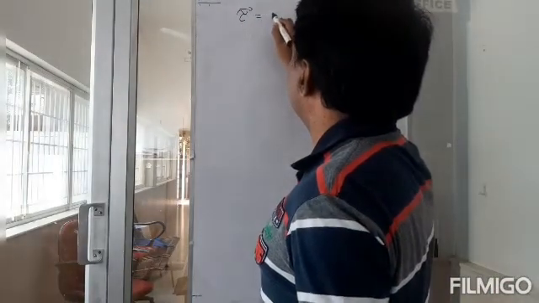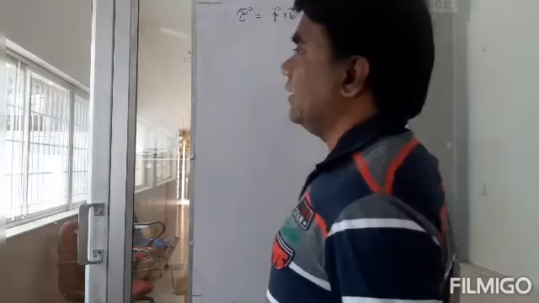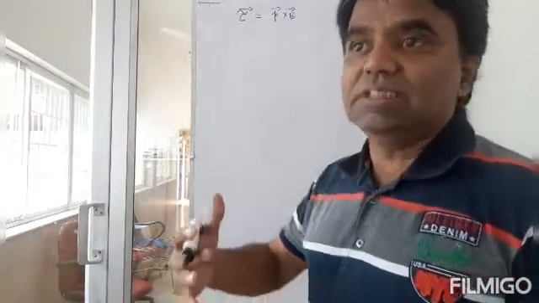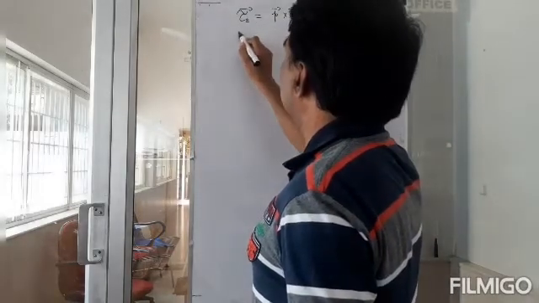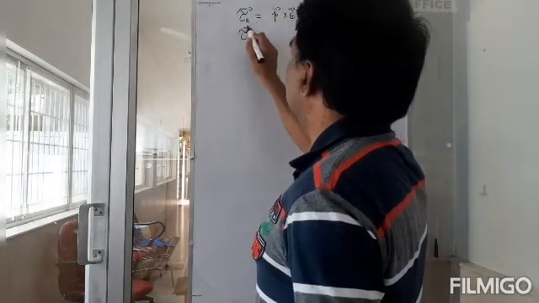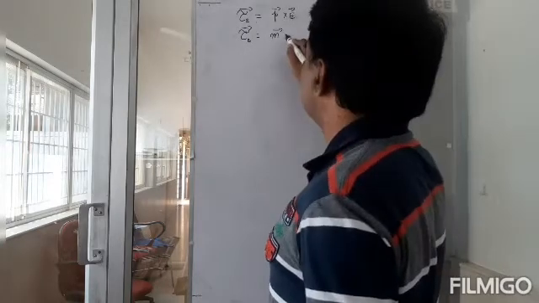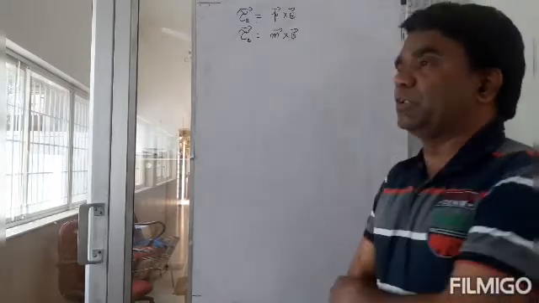Torque was equal to P cross E, and in the case of a magnetic dipole, the torque experienced by a magnetic dipole in an external magnetic field was given by magnetic dipole moment cross the external magnetic field.